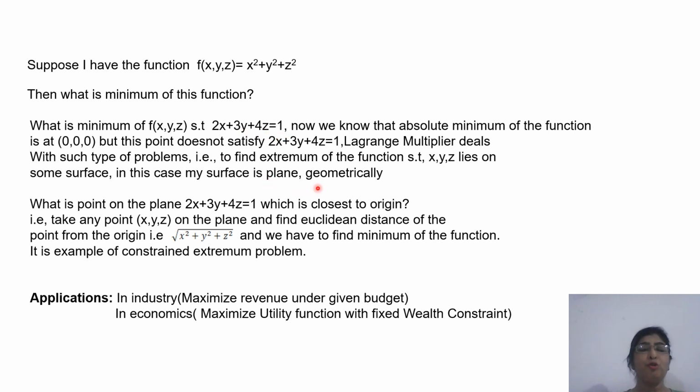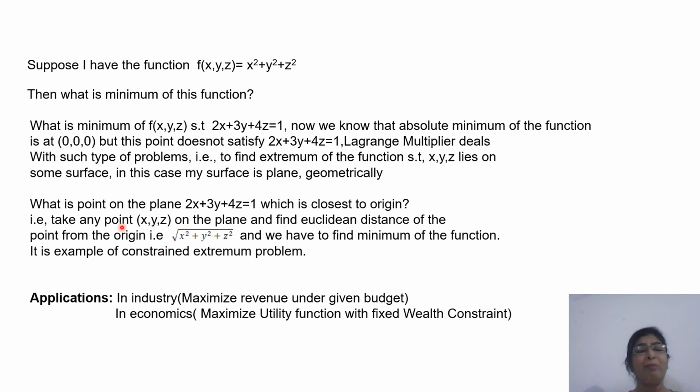Clear? So geometrically, what is the meaning of this? That is, the point on the plane 2x + 3y + 4z = 1 which is closest to the origin. So what will we do?